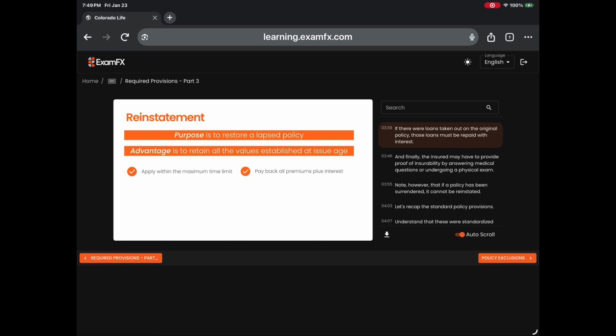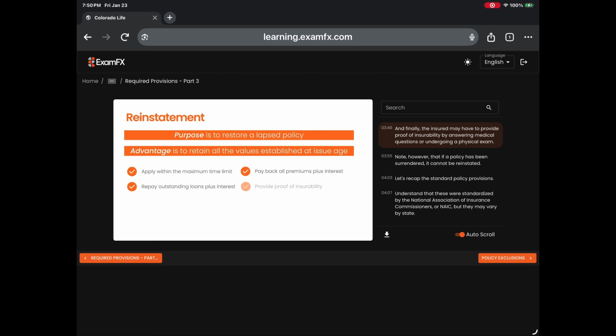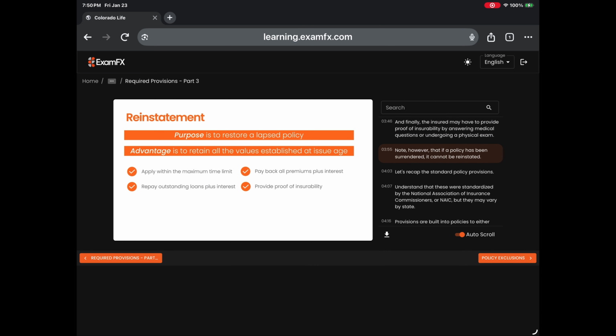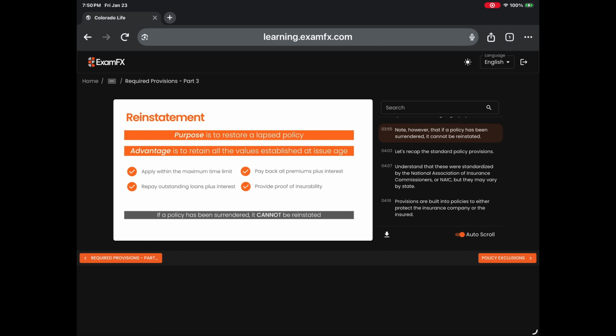If there were loans taken out on the original policy, those loans must be repaid with interest. And finally, the insured may have to provide proof of insurability by answering medical questions or undergoing a physical exam. Note, however, that if a policy has been surrendered, it cannot be reinstated.